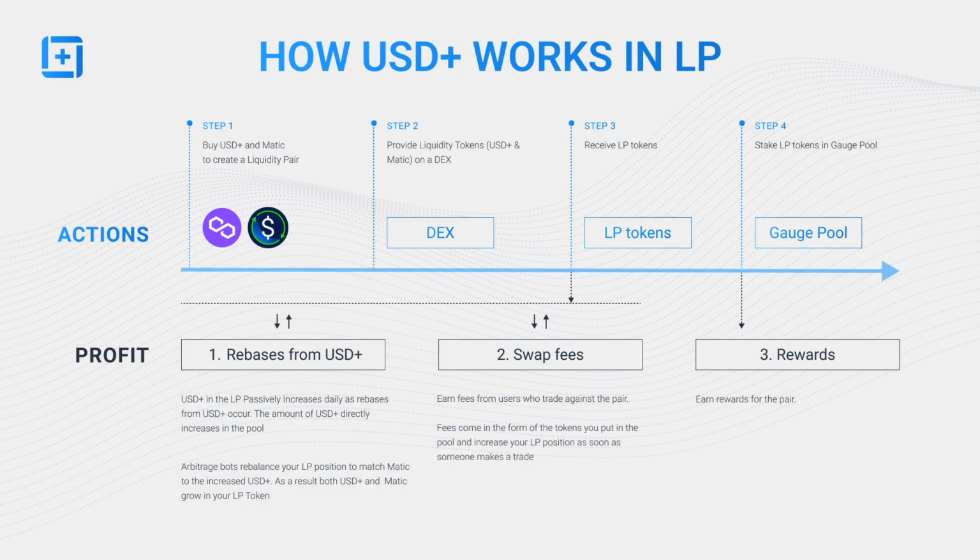So if we go more into the details of how USD Plus works in a liquidity pool, let's take the example of USD Plus and Matic, because as we know, when we define a liquidity pool, you need 50% of both tokens. And in this case, we have 50% of Matic and 50% of USD Plus.